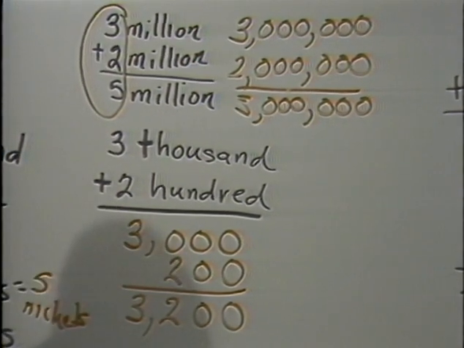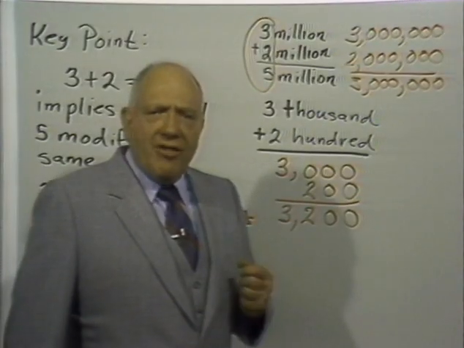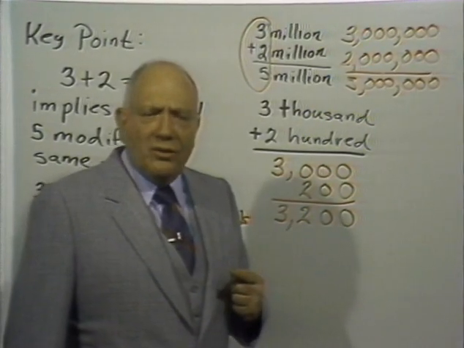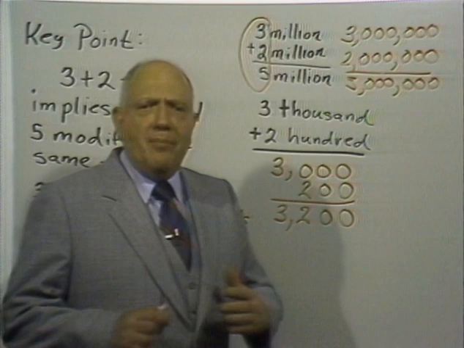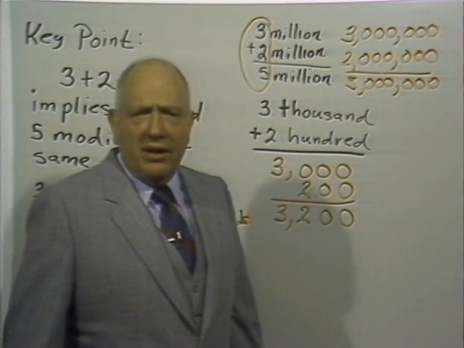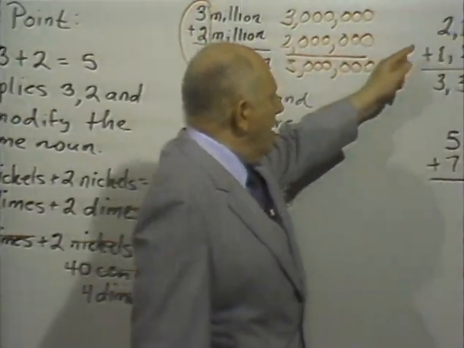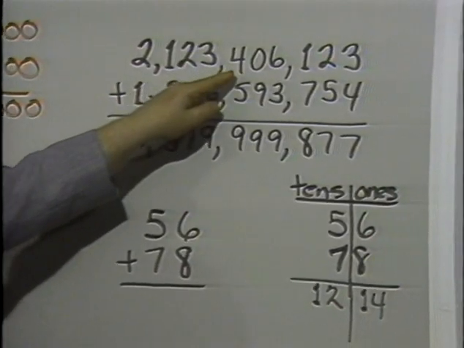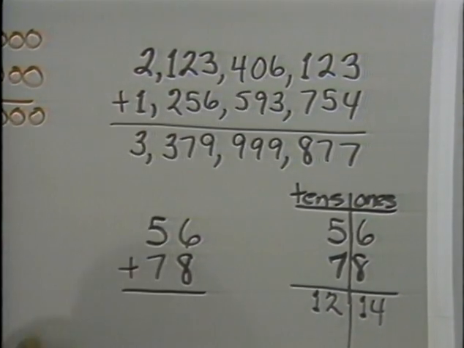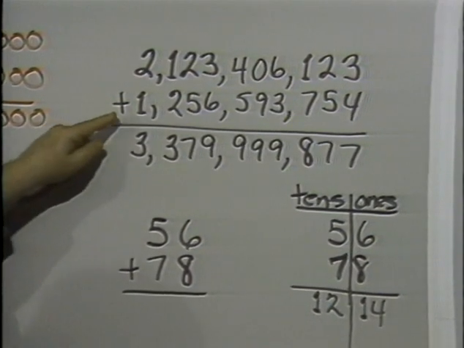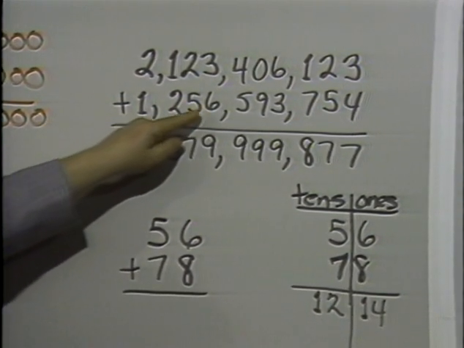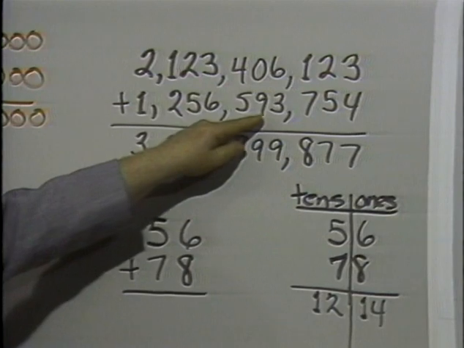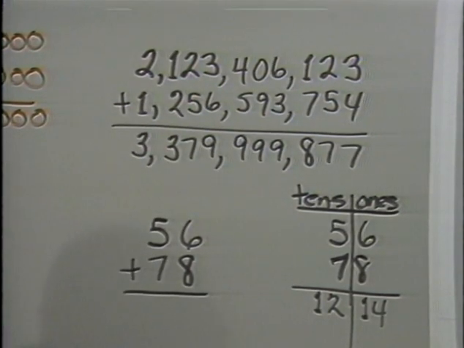But as soon as we know that the adjectives are modifying the same noun, we can now add any number of digits together. Look at this particular problem. 2,123,406,123 plus 1,256,593,754.